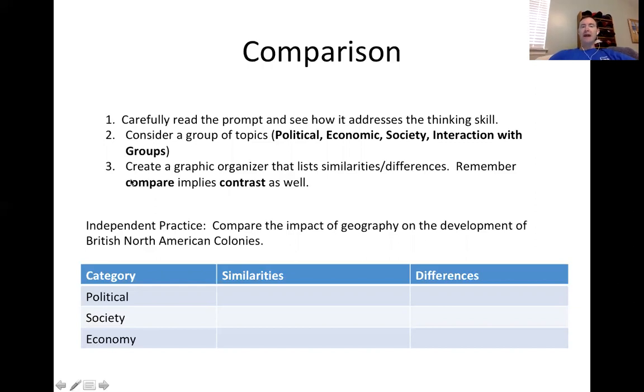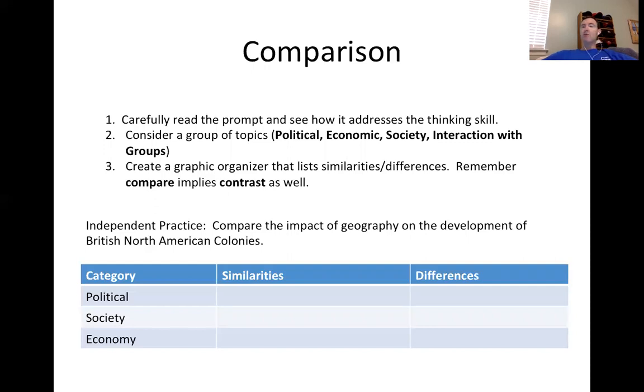And so I want you guys to think about this prompt: compare the impact of geography on the development of British North American colonies. And it's also, guys, remember, implied that whenever you see a question that has compare, you also contrast.